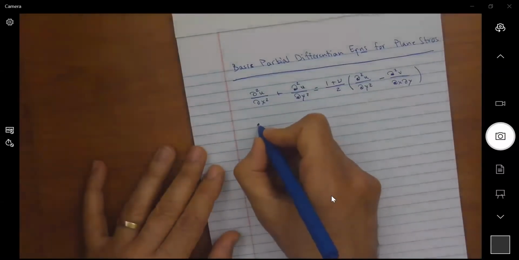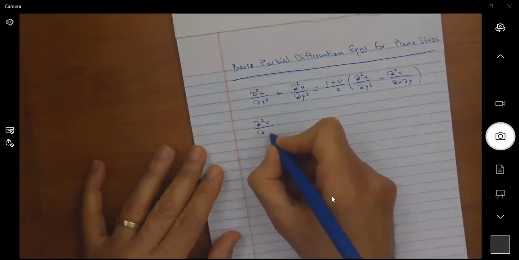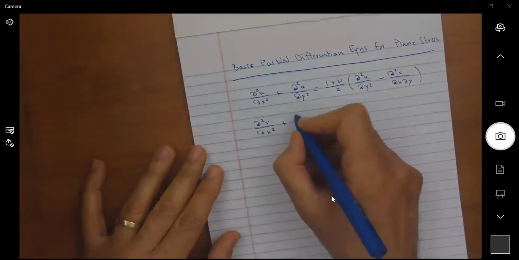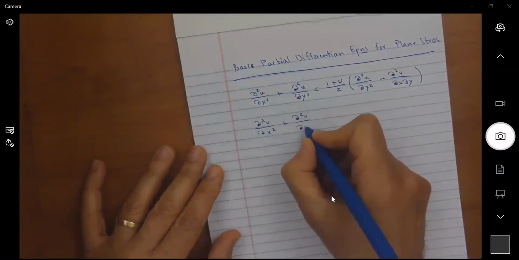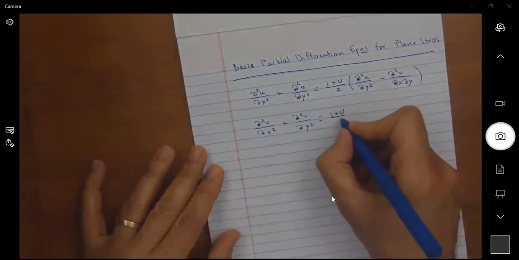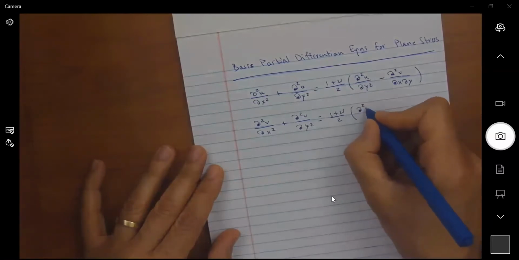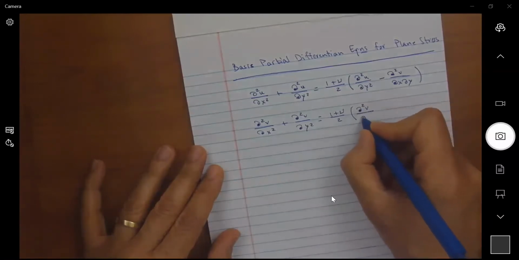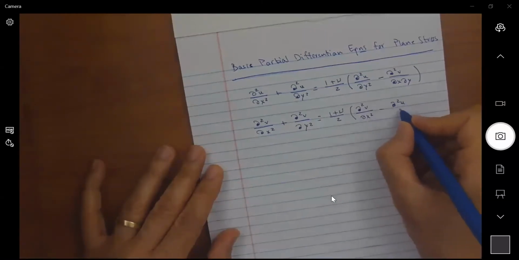And d2v dx squared plus d2v dy squared is equal to 1 plus nu over 2 multiplied by d2v by dx squared minus d2u dx dy.